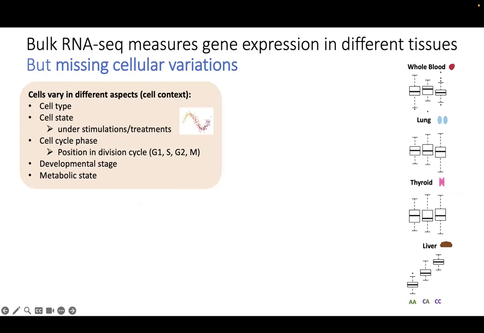Capturing this biology requires measuring gene expression at the level of individual cells. And that is exactly where our next lectures pick up, and we'll see the statistical models needed to conduct eQTL mapping using single cell data.